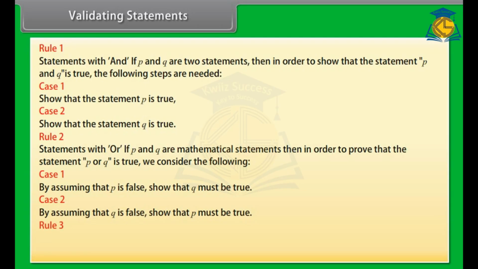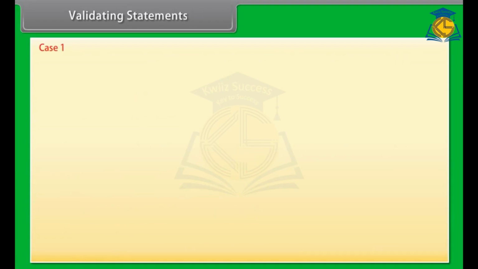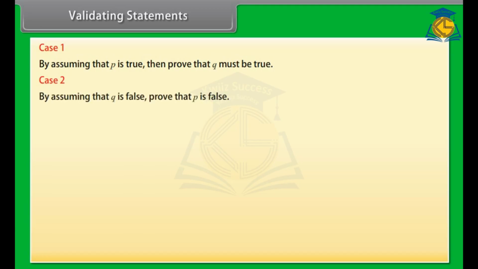Rule 3: Statements with if-then. In order to prove the statement if P, then Q, show that any one of the following is true. Case 1: By assuming that P is true, prove that Q must be true. Case 2: By assuming that Q is false, prove that P is false.